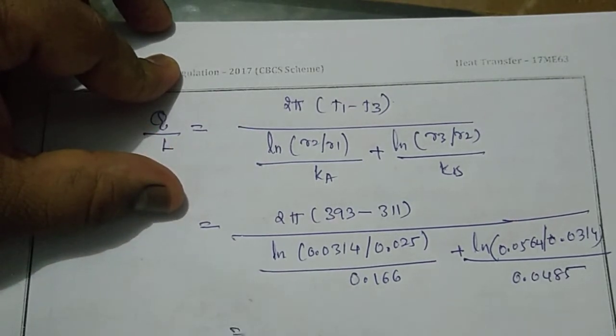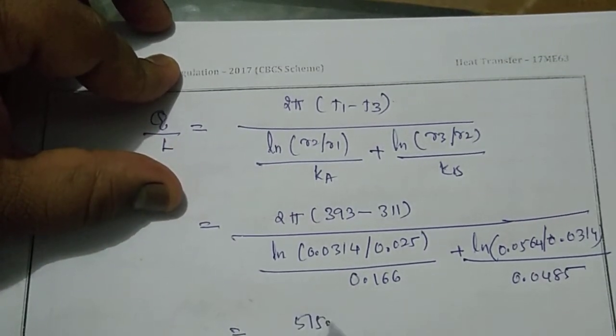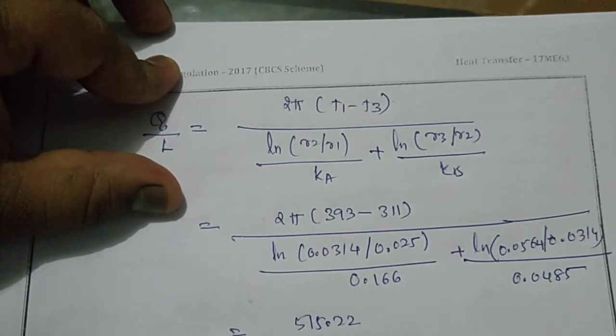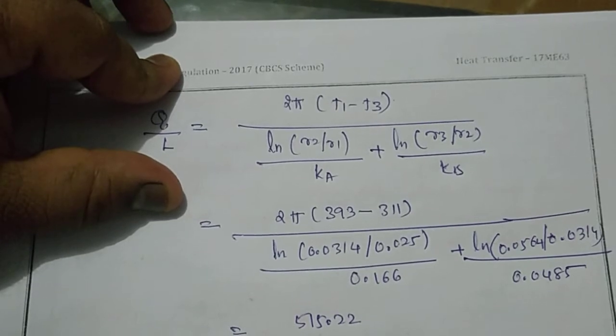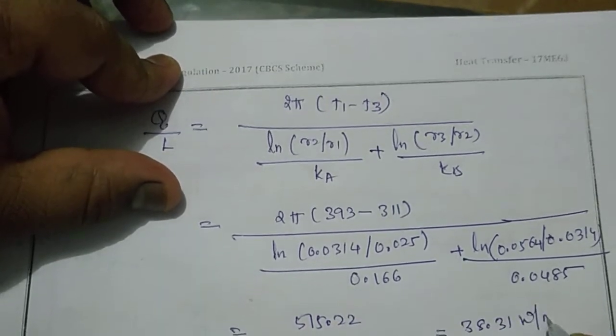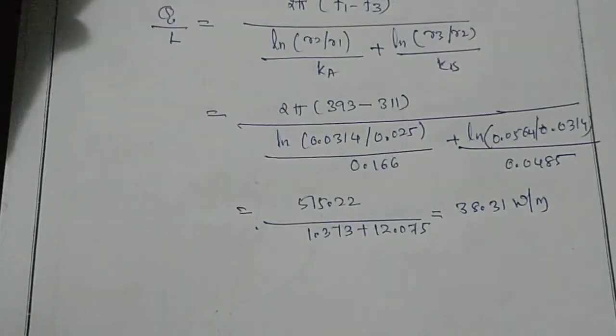So now it becomes 515.22 divided by 1.373 plus 12.075, which is equal to 38.31 watt per meter.